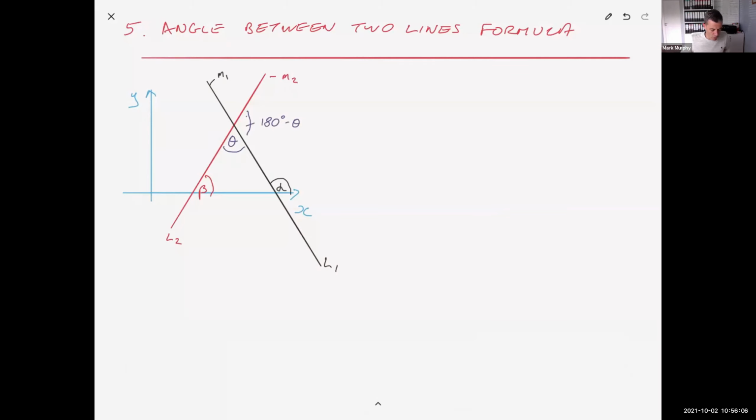So going back to the slope formulas, we say that M1 is equal to tan of alpha. Remember I did that way back in page 1 this morning, an hour ago. M1 is equal to tan of alpha, and then slope 2, M2 is equal to tan of beta. That's just definitions, right? Now, you probably remember this from junior cert. I can't remember the wording, but the sum of the 2 internal angles equals the external angle, right? Do you remember that?